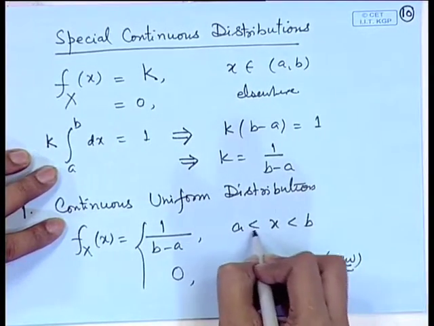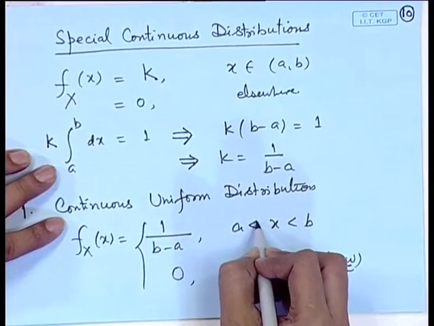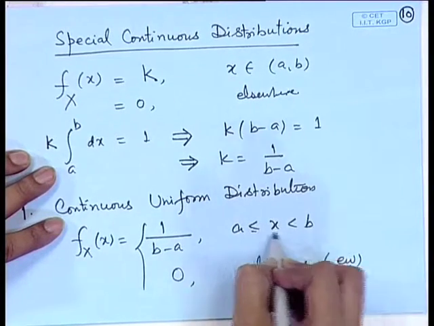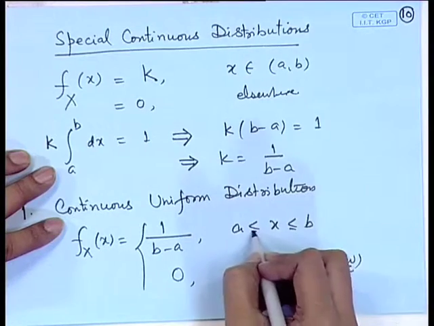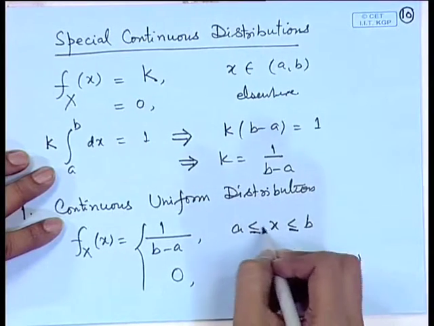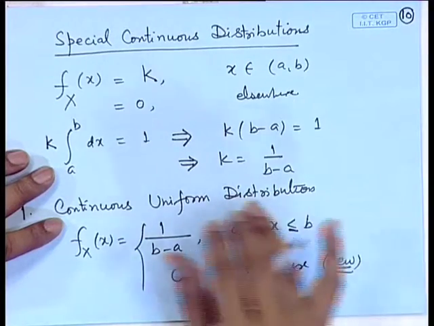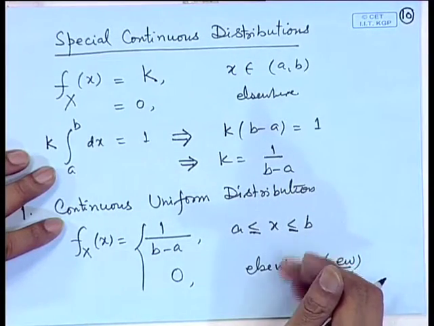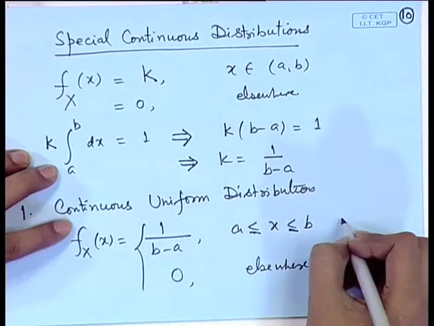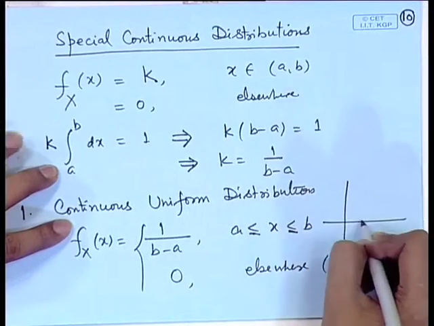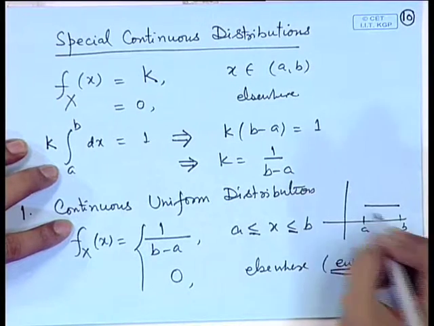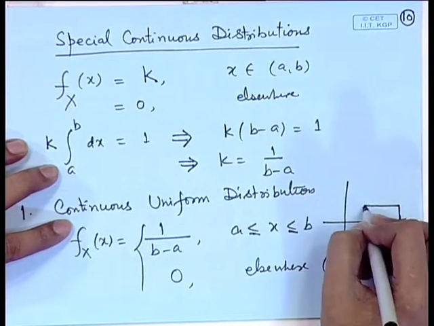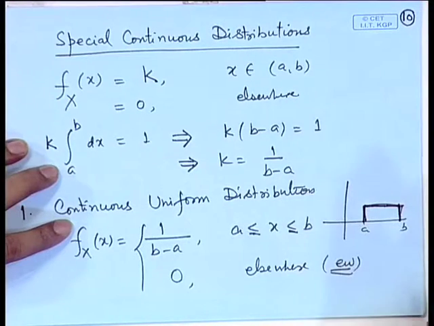Of course, here it is immaterial whether we use strict inequalities or less than or equal to at some points, because the probability of a point is 0. So, in a continuous distribution, inclusion or exclusion of a point does not make any difference. If you look at the shape of this distribution, suppose a and b are here, then 1 by b minus a is this. So, it is a plateau kind of thing, the continuous uniform distribution.